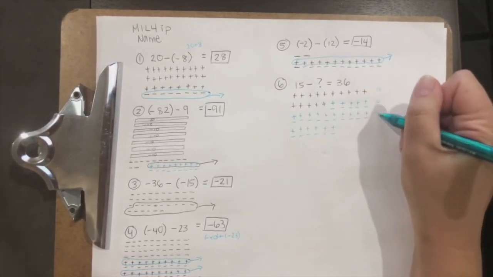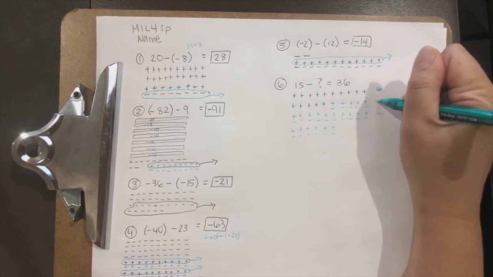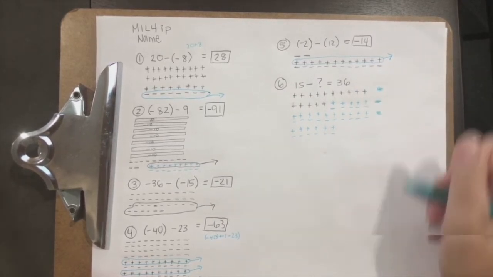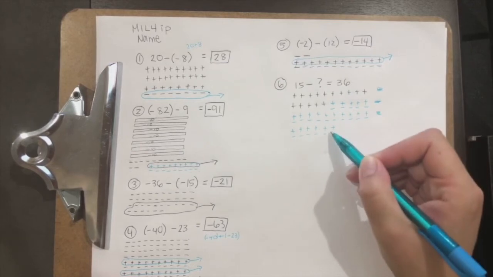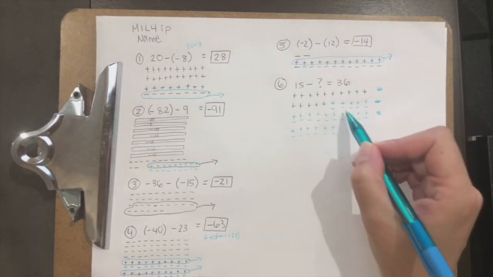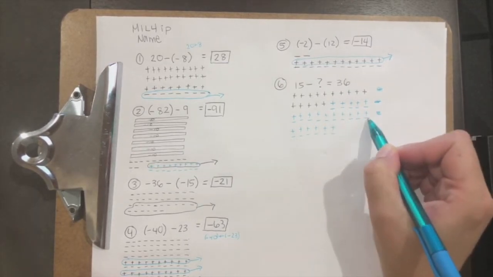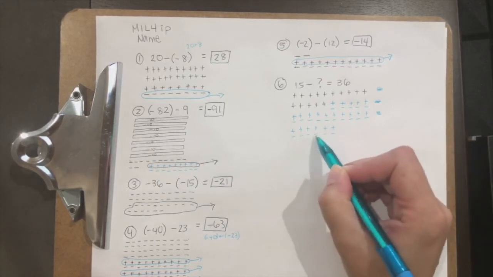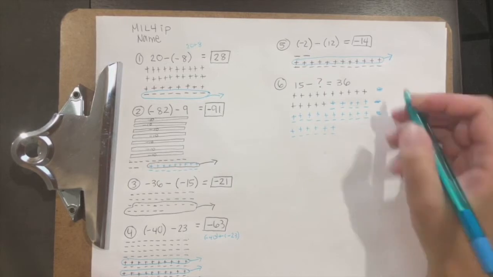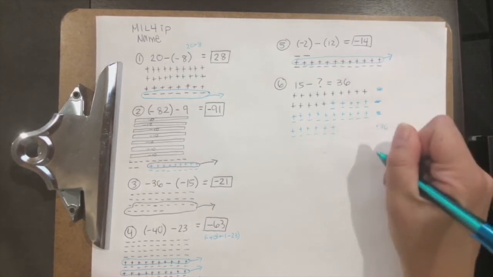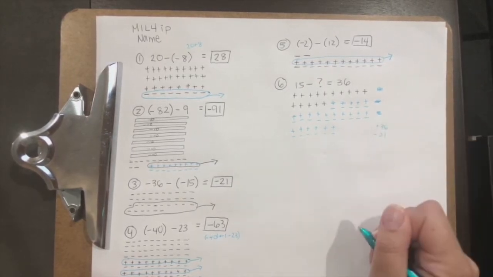So 10, 20, 36. That's where an eraser would come in handy. So now I have a total of 36 positives, and 5 plus 10 is 15, 16, 17, 18, 19, 20, 21, and 21 negatives, right? 36 positives and 21 negatives.